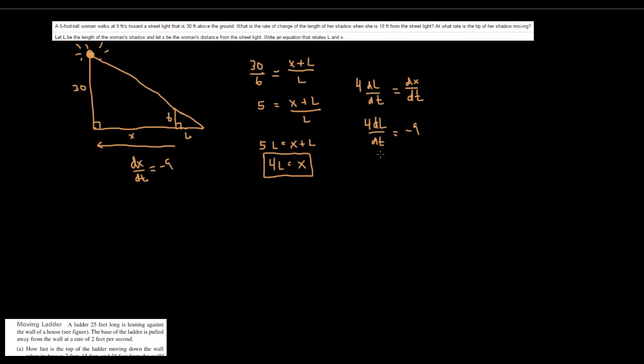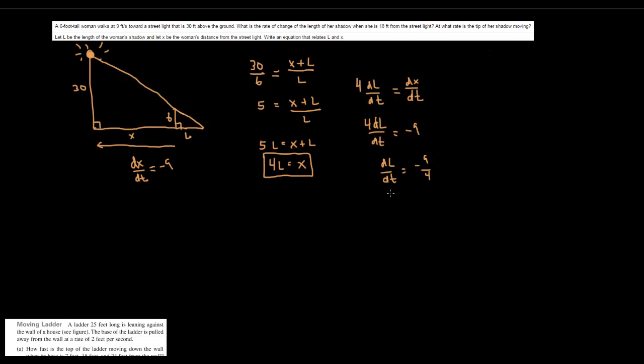So to solve for dl/dt, just divide both sides by 4, and we get that dl/dt equals -9/4. Okay, so I think that is the rate at which the length is changing, the length of the shadow.